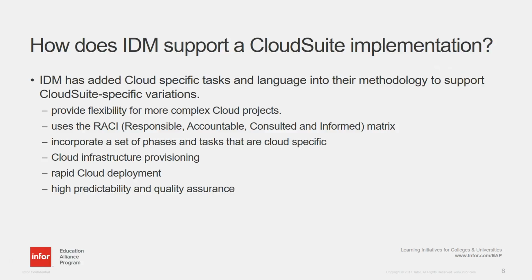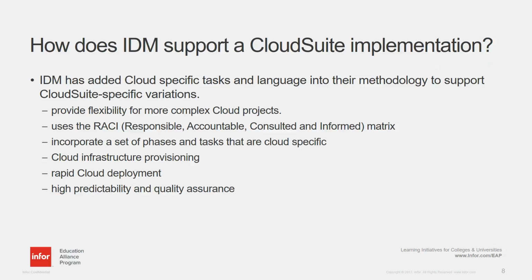Infor has developed quite a few cloud-specific tasks into their methodology. That's one thing that sets them apart, is that they are using cloud-specific methodology and cloud-specific tasks. So you have more flexibility for those complex cloud projects, which they are designed for.